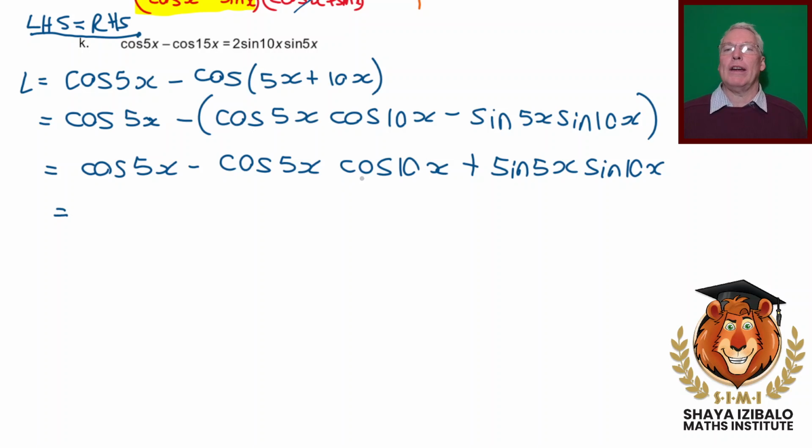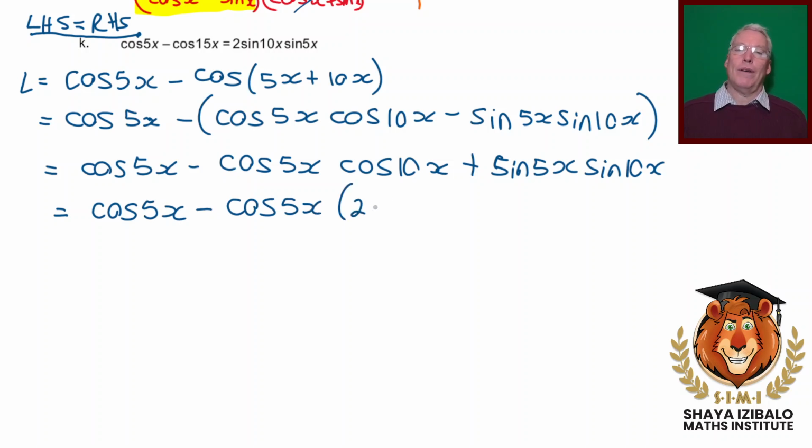I'm liking this sin 10x and I'm also liking this sin 5x, so maybe let's change cos 10x into 2 cos squared 5x minus 1. We've still got sin 5x and sin 10x.